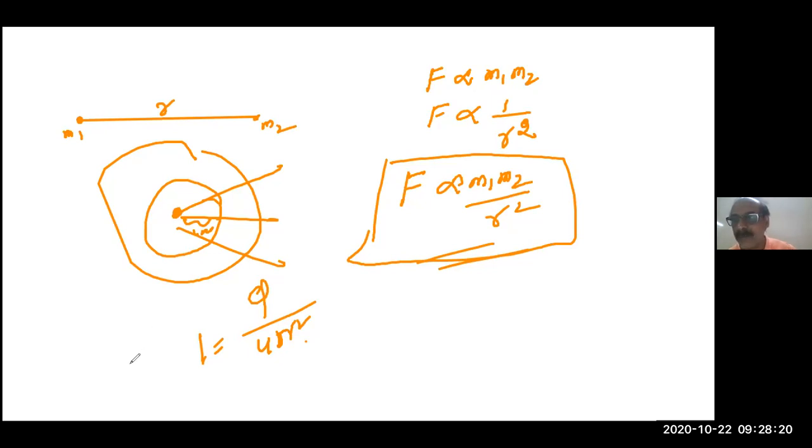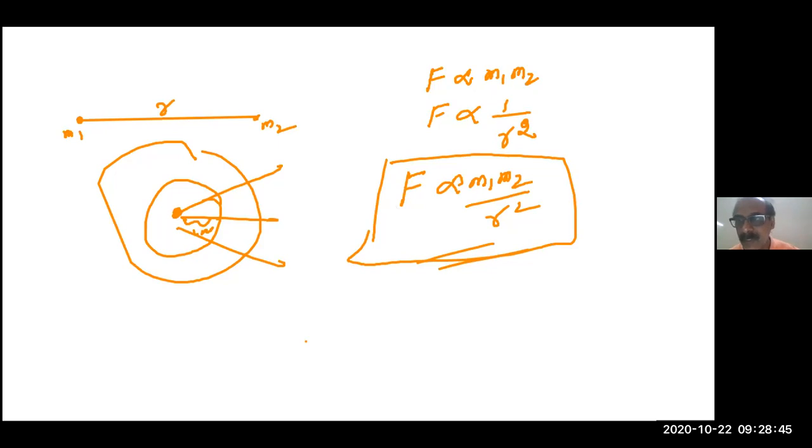Isn't it? I think he was confused with the two formulas. What's your confusion? You tell me. I was just asking how the r square came in the denominator. As the distance increases, the surface area increases, so the force will decrease, right?